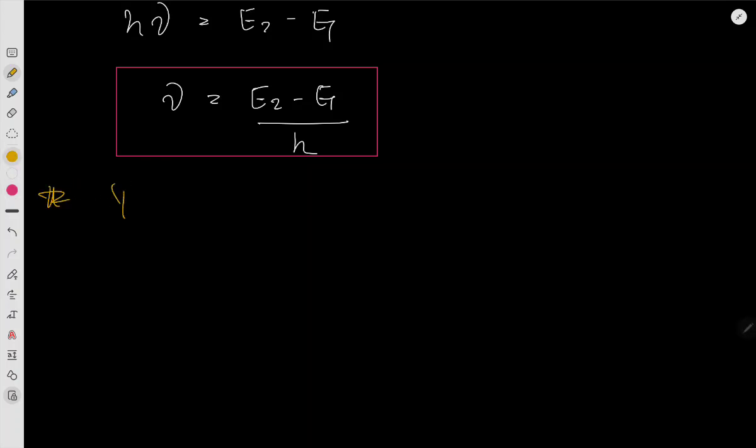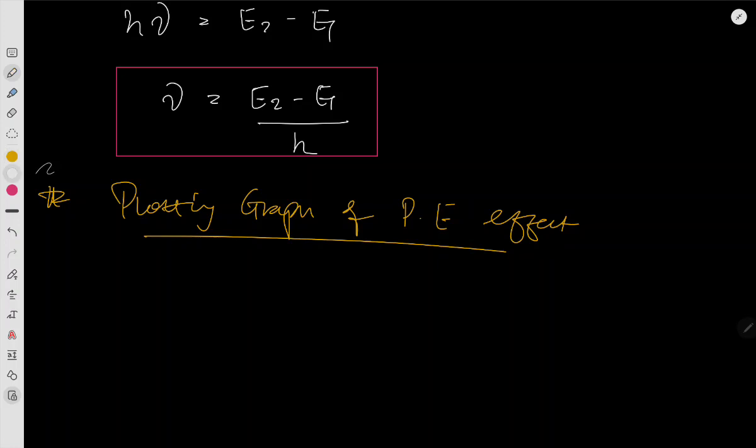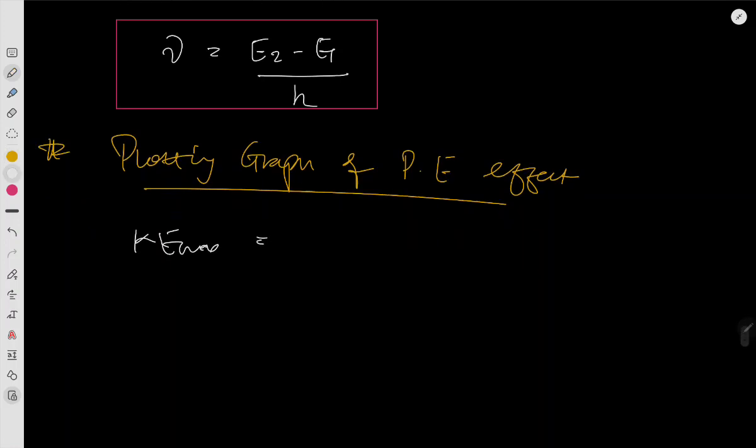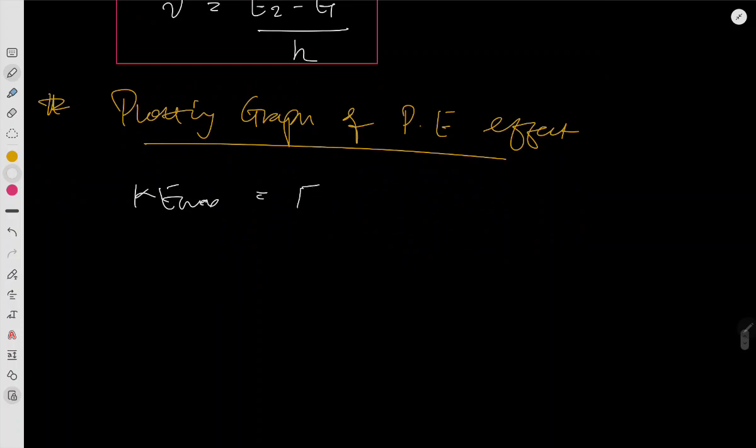So now, plotting the graph of the photoelectric effect. Let us first understand kinetic energy max equals E minus φ.